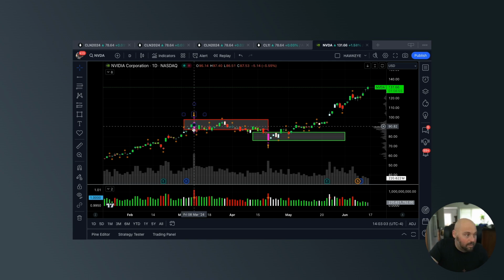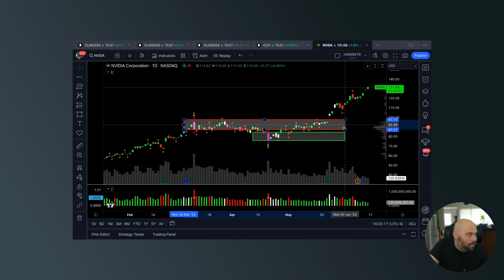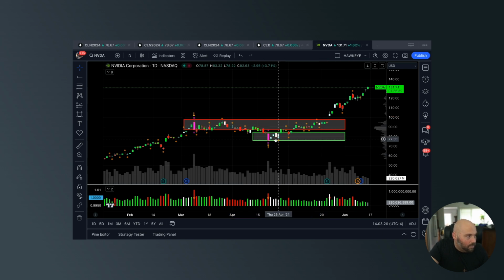Nvidia was unsuccessful in closing above this candle until this candle occurred. Nvidia was unsuccessful in closing above this candle and went on to not only push higher, but make all-time new highs through whatever supply was resting above.